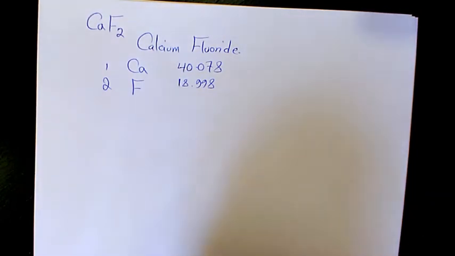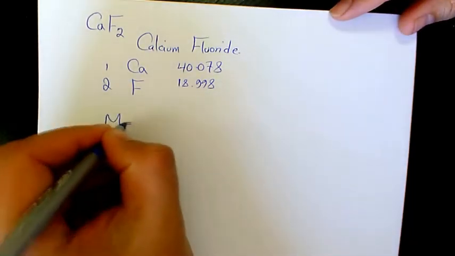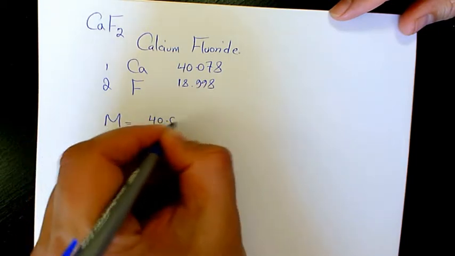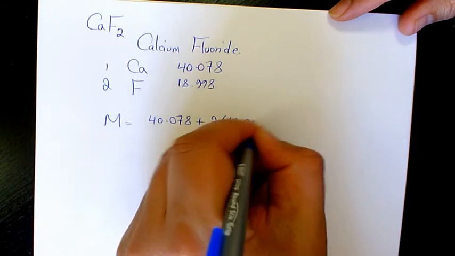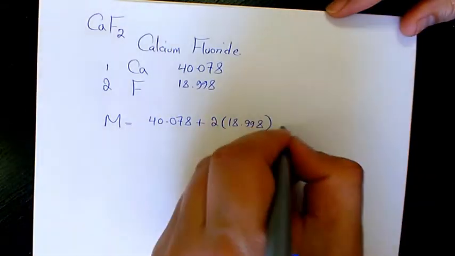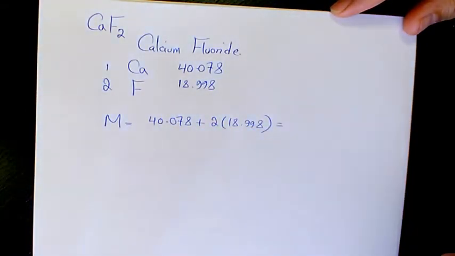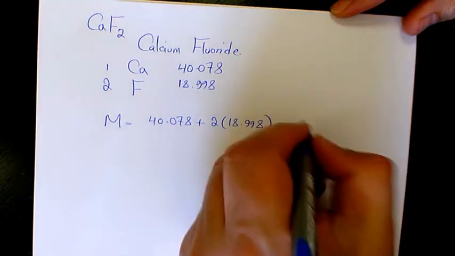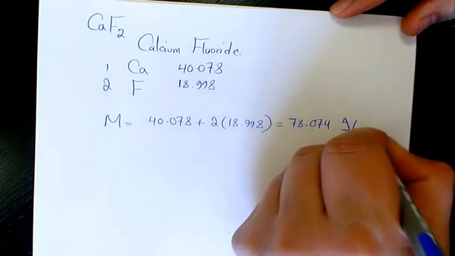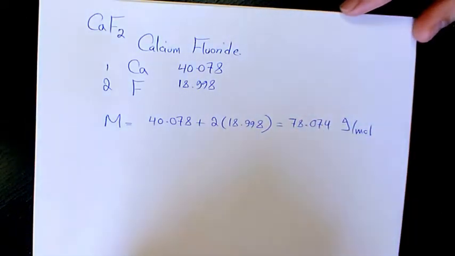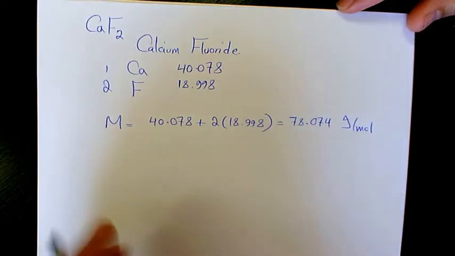So that's going to be 40.078 plus 2 times 18.998. It's going to be 78.074 grams per mole. That's the molar mass of calcium fluoride.